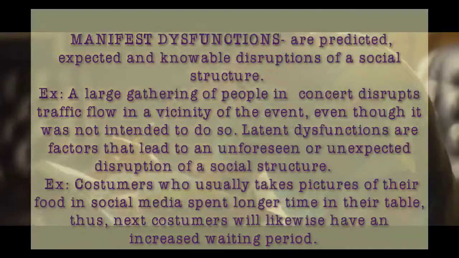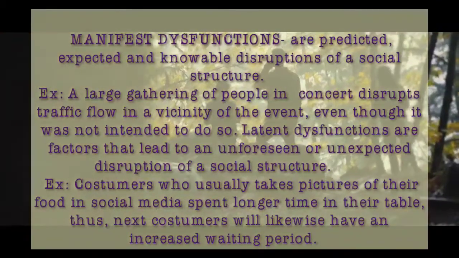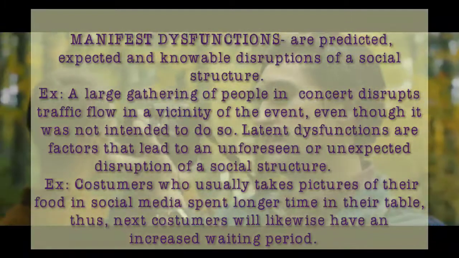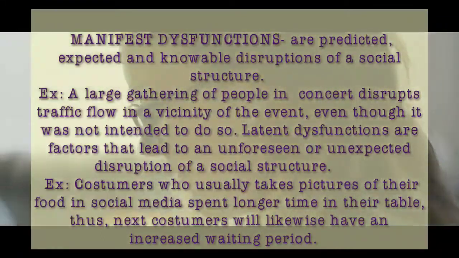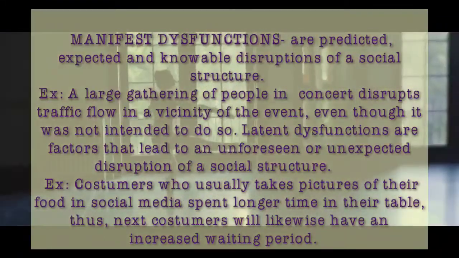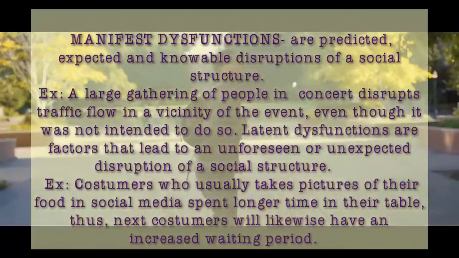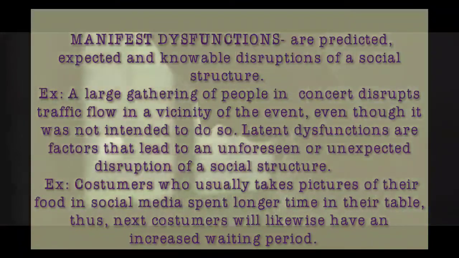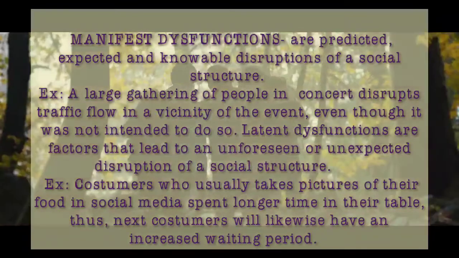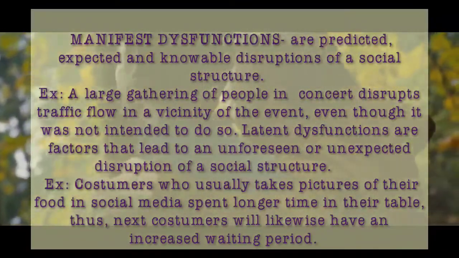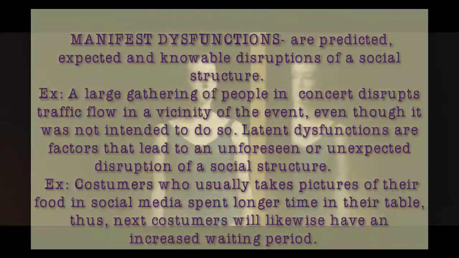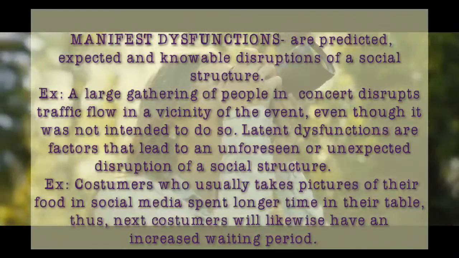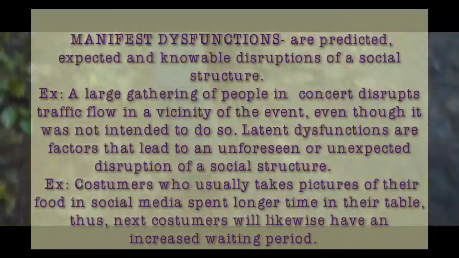Latent dysfunctions, even though not intended, are factors that lead to an unforeseen and unexpected disruption of social structure. Another example is customers who take pictures of their food for social media and spend a longer time at their table. The next customer will likewise have an increased waiting period.